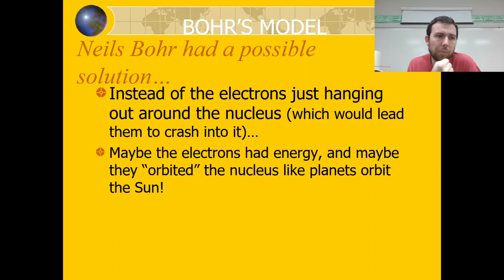So you think about it. In the solar system, the planets are not drawing closer to the sun. There's a force of gravity, certainly, that's keeping them on specific paths, but they're not moving closer or farther away from the sun, at least ideally. And so maybe the electrons are behaving in that particular way and are following this orbit that's preventing them from getting closer to the nucleus itself.